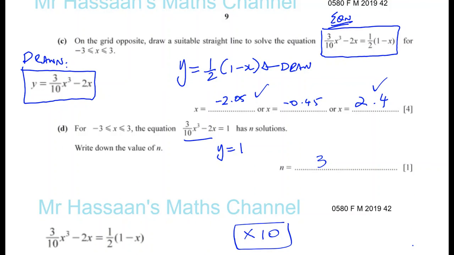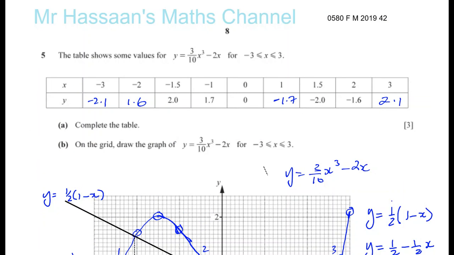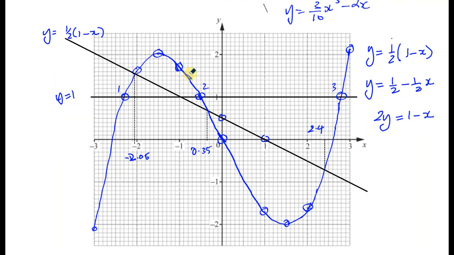So then I went back, and this one seemed a bit too much out for my liking, so I modified my graph, and I spotted that that part of my graph wasn't so accurate. It was a bit jaggedy here, so I corrected it as much as I could, and you see it made a difference to the answer.